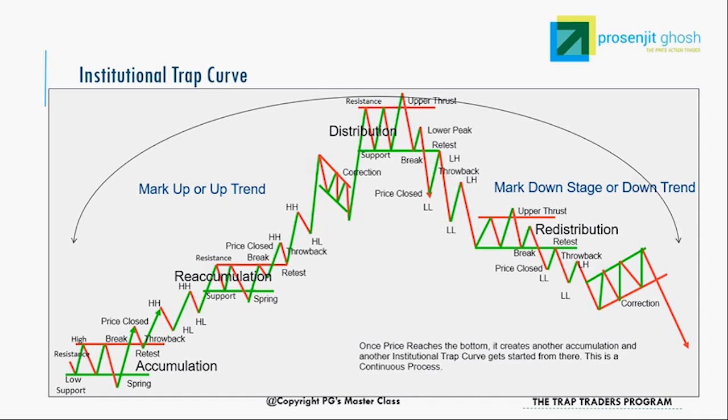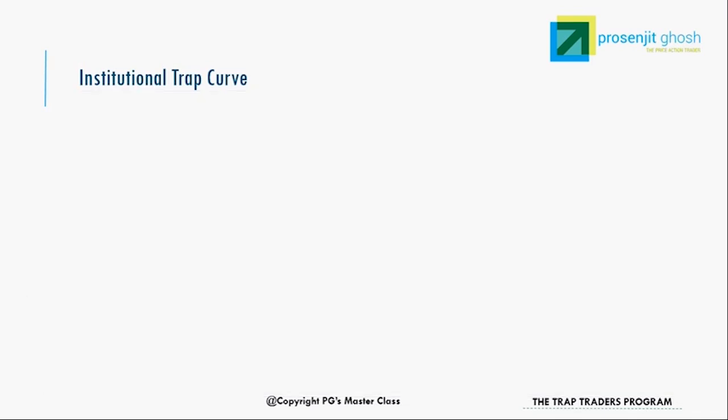Okay. Now, another small piece of information here. In a markup stage, meaning uptrend, we look for buying opportunities at every retracement to a demand. That is the best thing you can do, because you will get the best trades there.